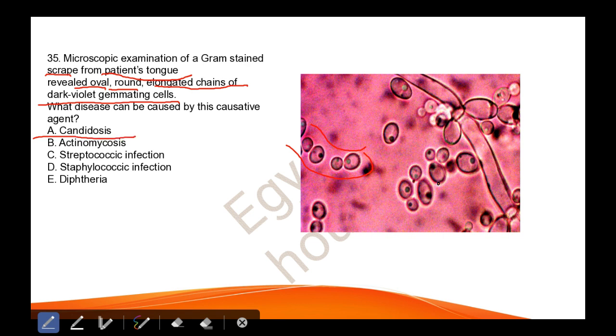So these are round oval fungi that form elongated chains. As you can see here, it goes in a chain pattern, and it's dark violet, as you can see in the microscopic scrape.